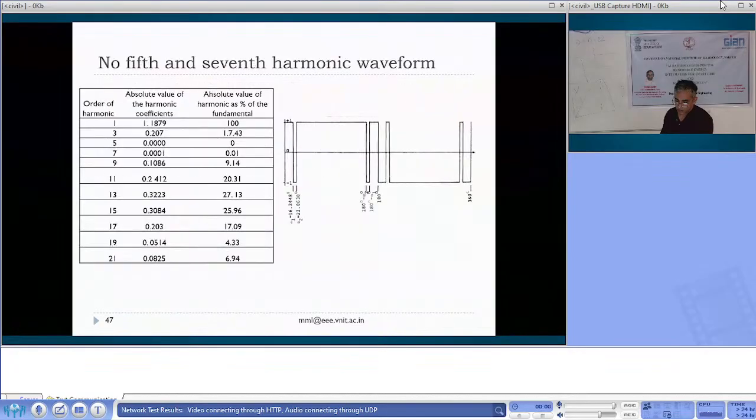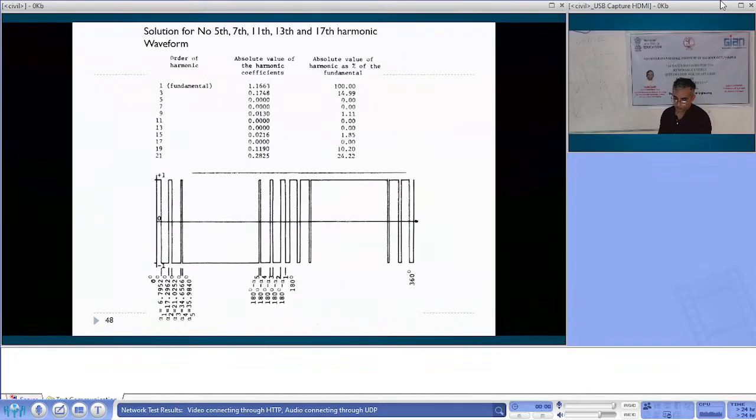Then this is the case when your 5th and 7th are again 0. And here 5th, 7th, 11th, 13th, 17th are 0. So you have to have almost 5 equations, 5 unknowns, and you have to get the values of the 5 unknowns. So you have to use some mathematical tool.